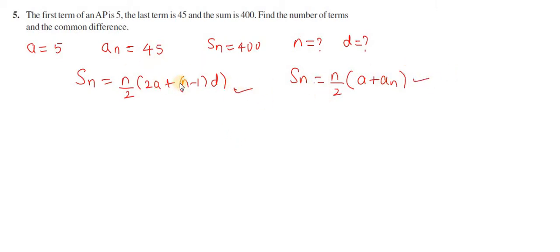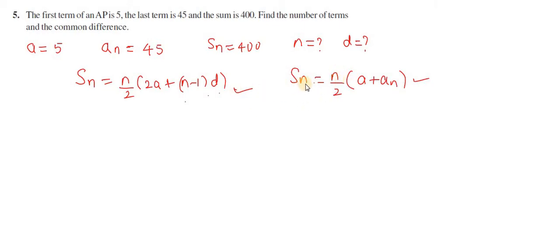Okay, now see which formula is suitable for the given data. If you go for the first formula, here we don't know n and also we don't know d. We only know a and Sn, so we are not able to go ahead with this. But when we talk about Sn equals n by 2 into a plus an, here we know a, we know an, and also we know Sn. The only thing we need to find is n, so you can easily find this.